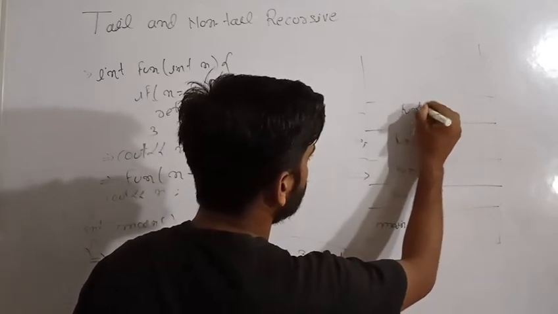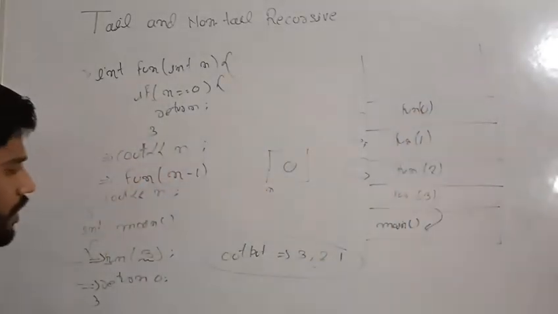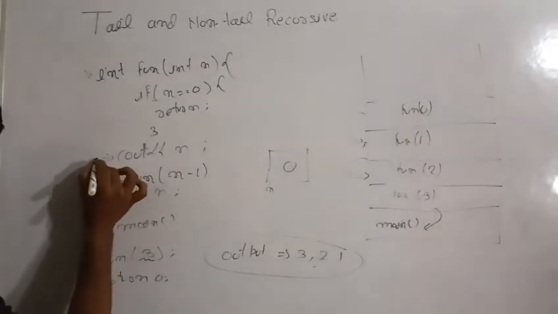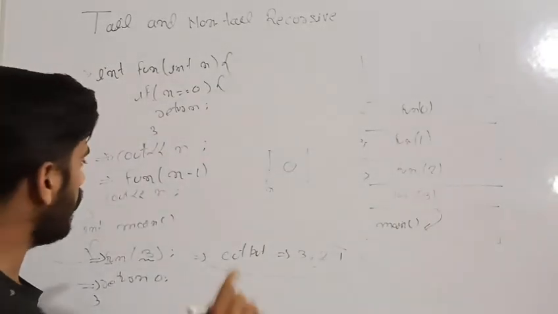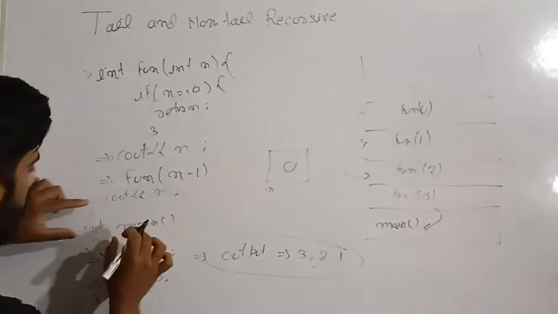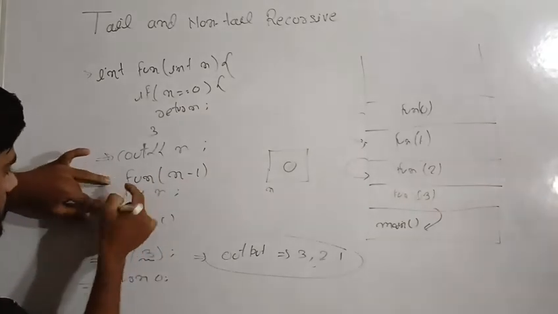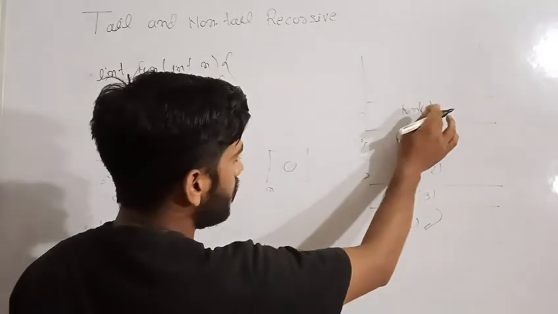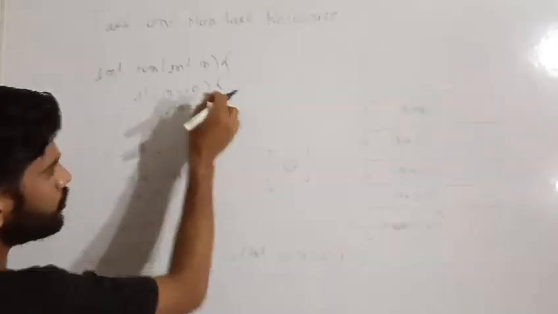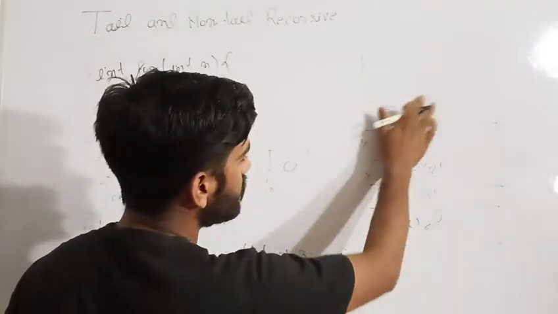Now I'm considering here function 3, function 2, function 1 and function 0. For this, this will be the output. When the function returns, at the time of returning, when n is equal to 0 it will be popped, and this is not required.